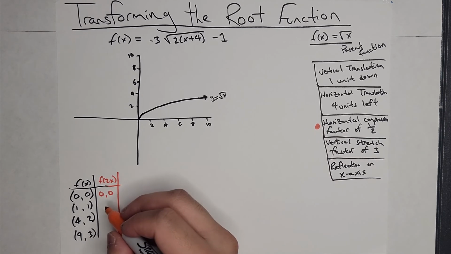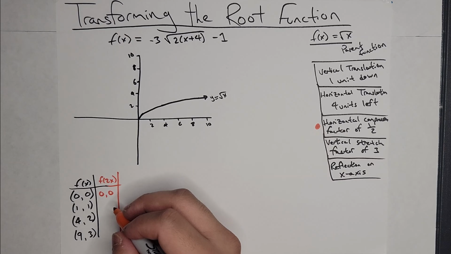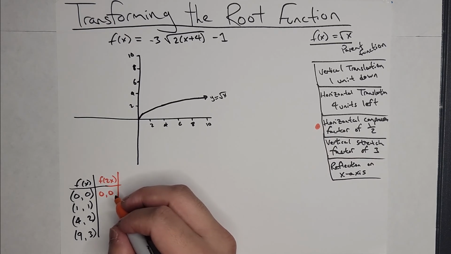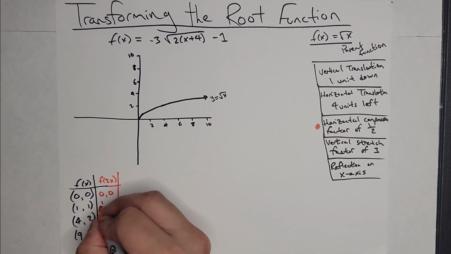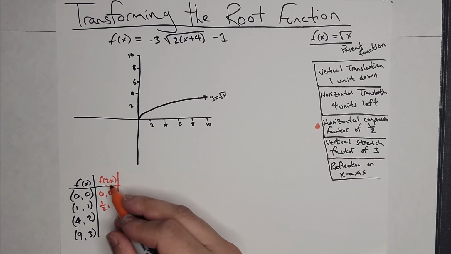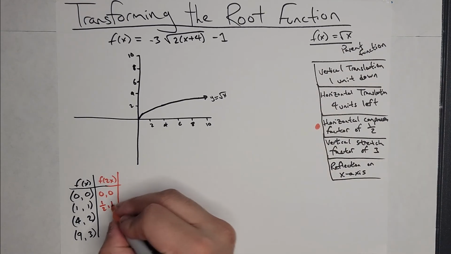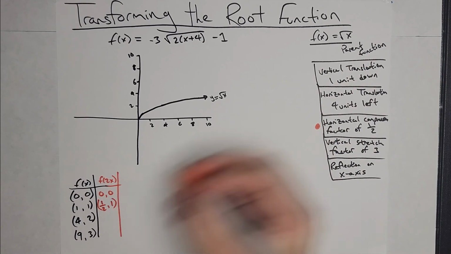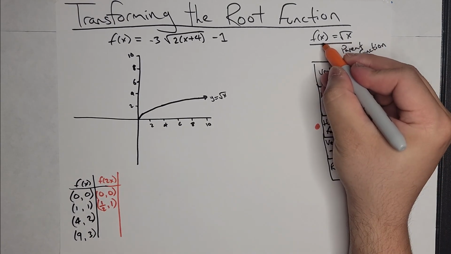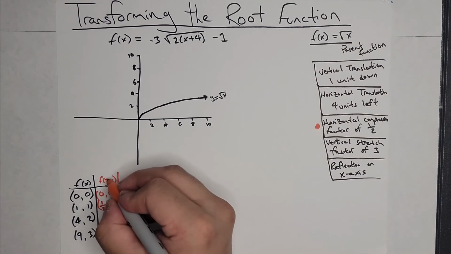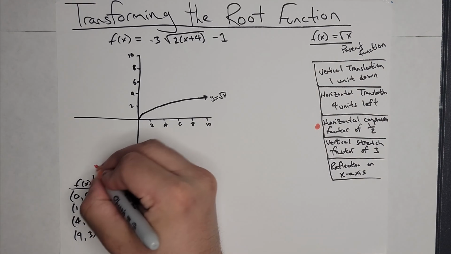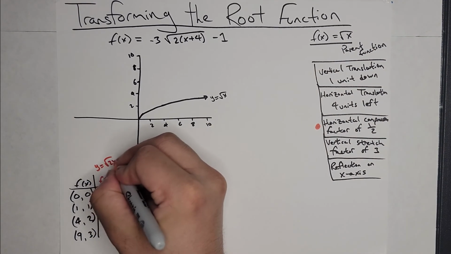But now, our horizontal compression, so when we have, say, a half, now, to get the same output as 1, in order for this to be 1, now we have to put, because now this is 2x, so this is basically y equals root 2x.